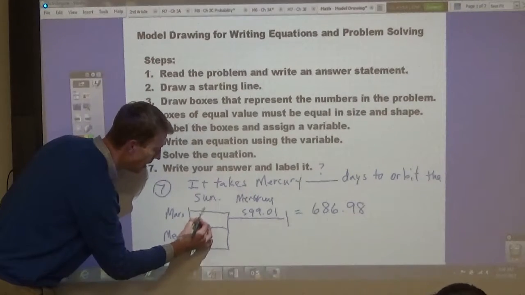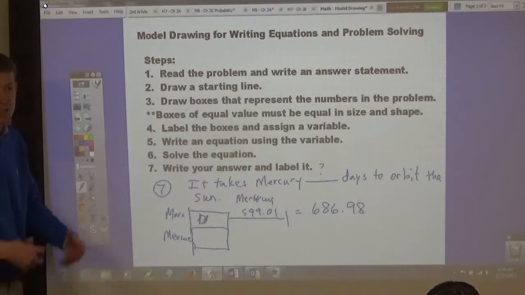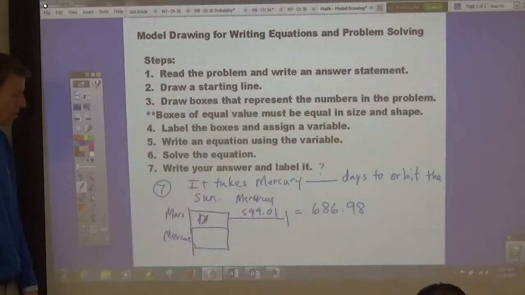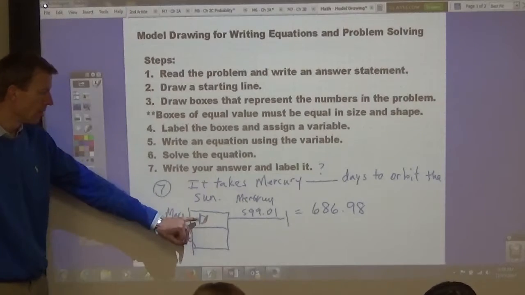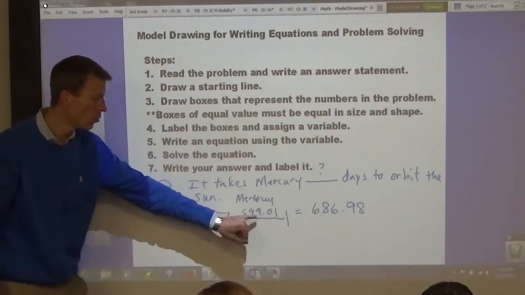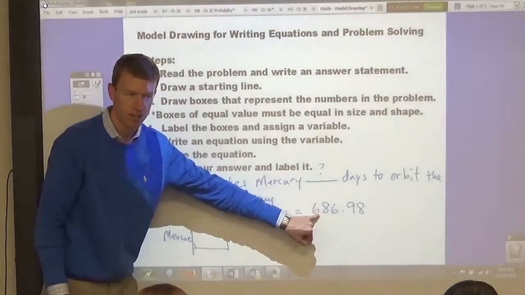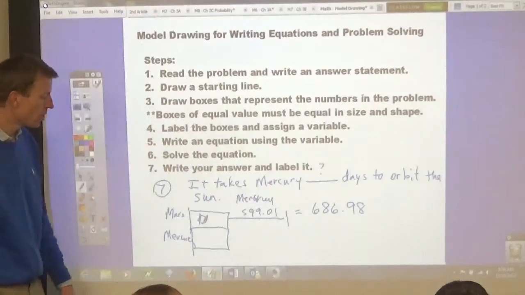Let's say we use D for days, or we could use M for Mars. And then write our equation. So this part plus this part equals this total. Does that make sense?